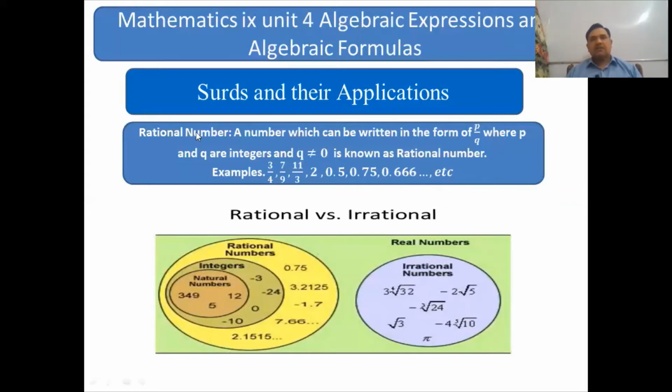Irrational numbers are those numbers which cannot be written in the form of p by q. Numbers that are neither terminating nor recurring are irrational numbers.